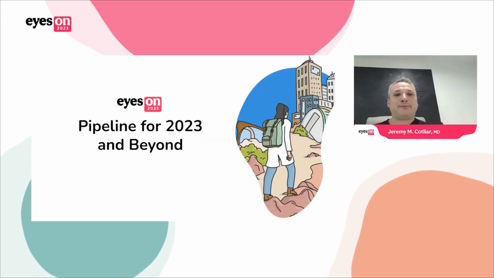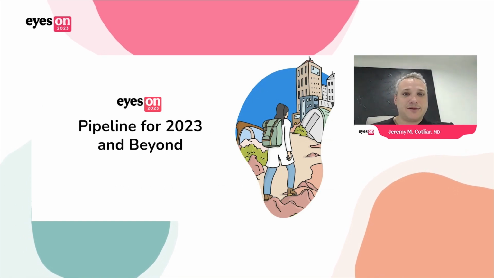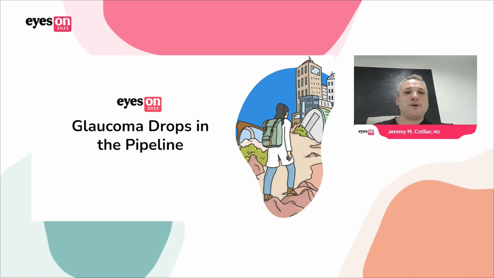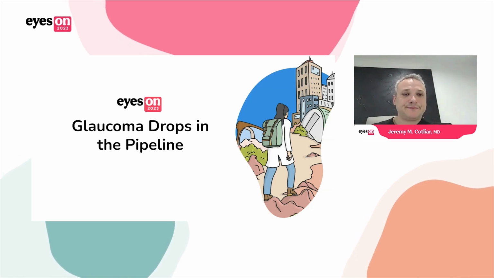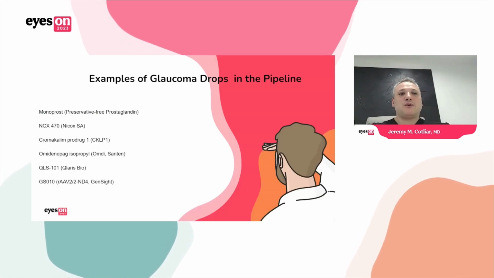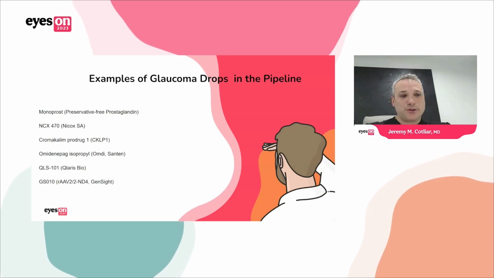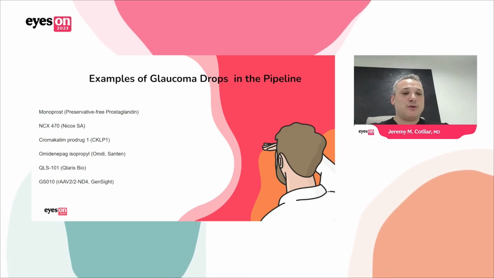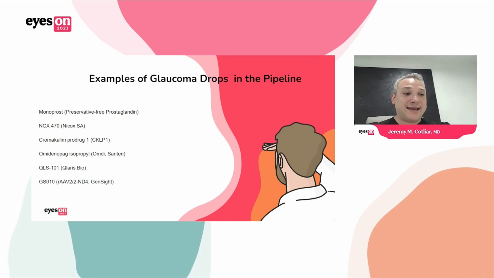So this is a little pipeline for 2023 and beyond. So some glaucoma drops in the pipeline. We have Monoprost, which is the preservative-free prostaglandin. We have NCX470 or Nicox SA.